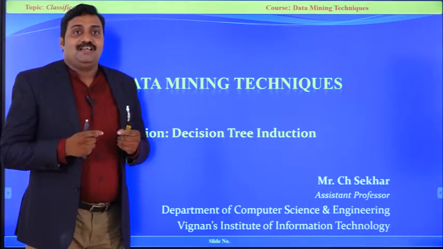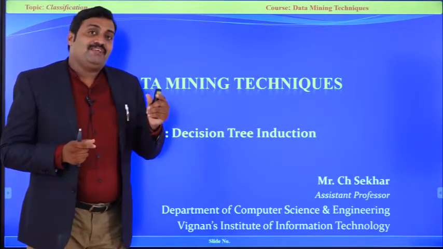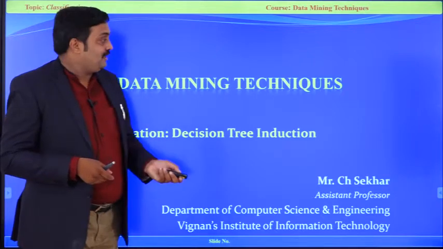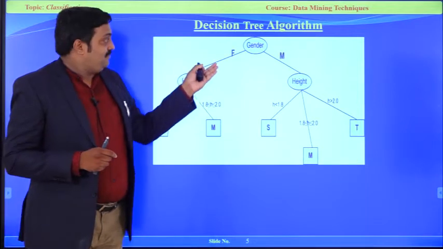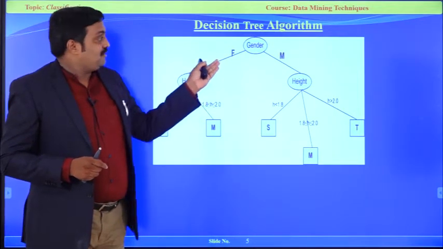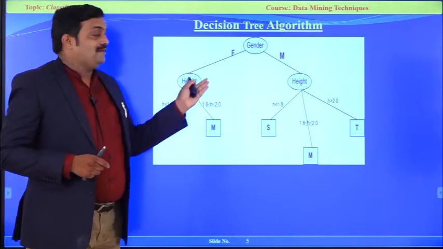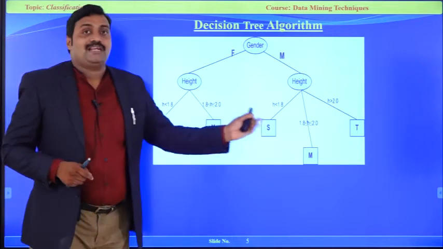In the previous session we understood the basic concept of a decision tree, its definition, and how to construct one. As an example, as we discussed earlier, I took a simple data set containing gender and height, based on which we have shorter, medium, and taller classes.